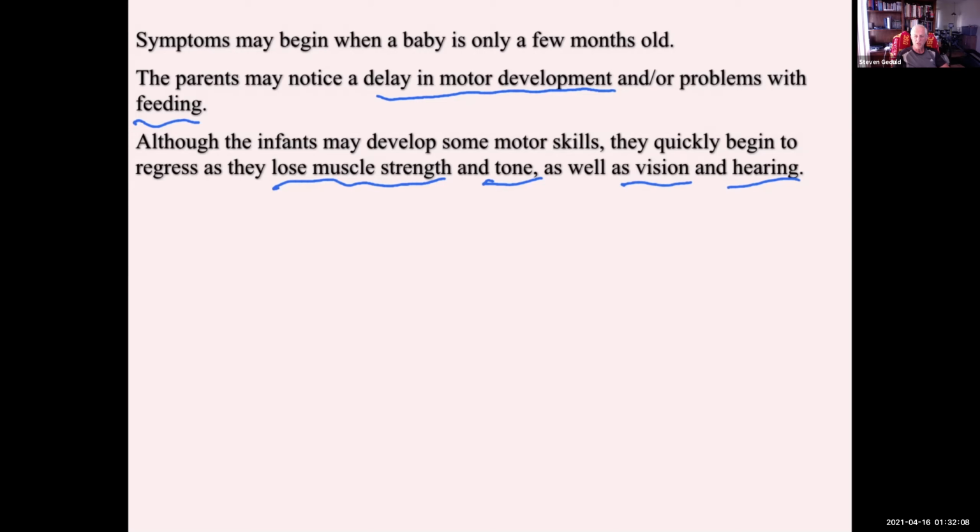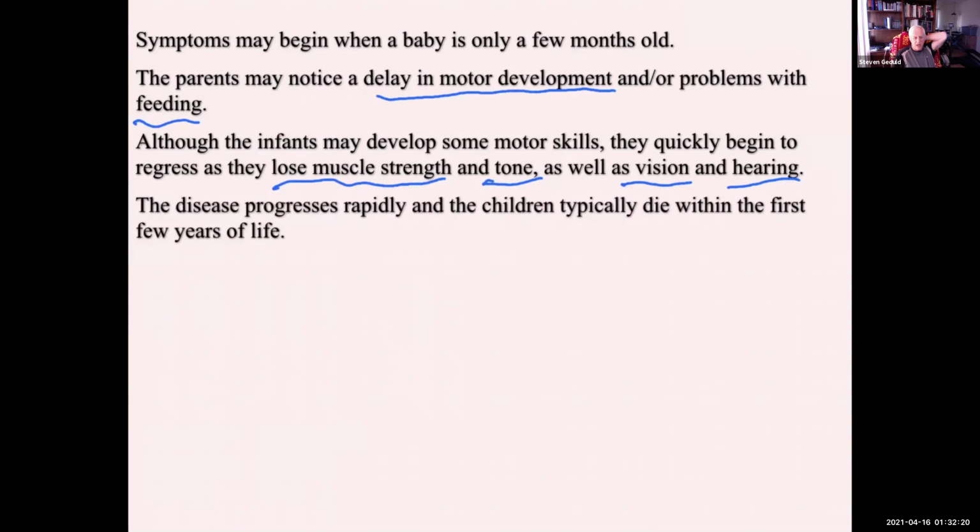They lose the muscle tone. They start losing their eyesight and their hearing. And that's all because of these lipids being stored in the brain, causing interruption with function. The disease progresses rapidly, and children typically die within the first few years of life. Most of the time, in Niemann-Pick and Tay-Sachs disease, children don't live beyond the first year or two.